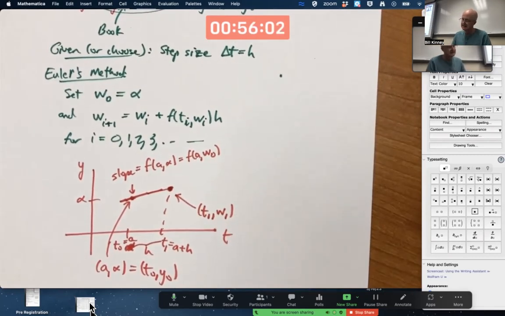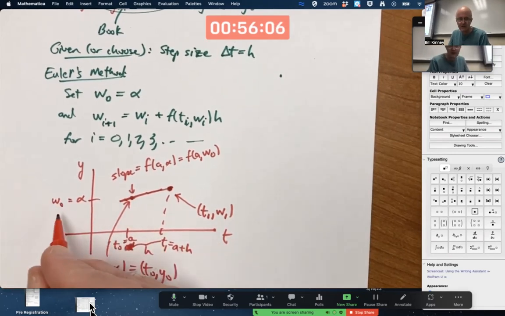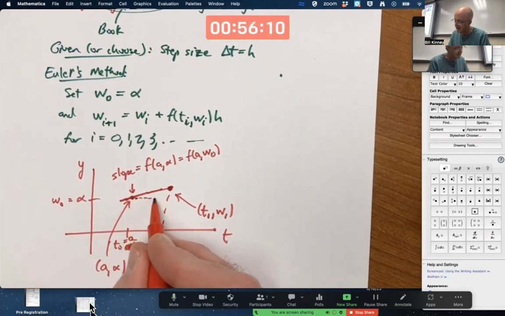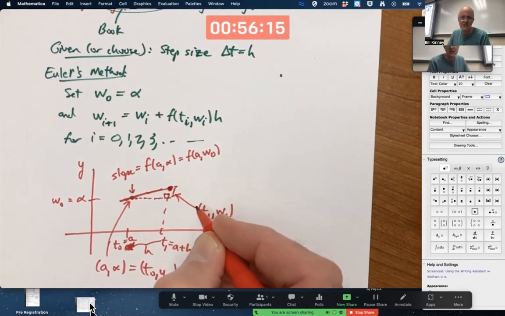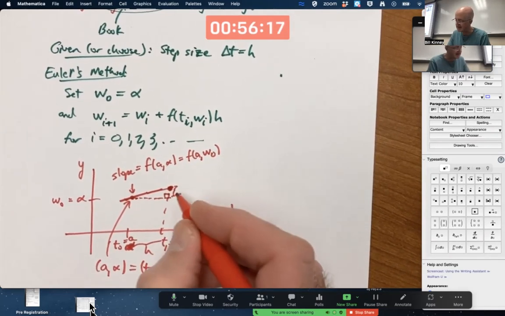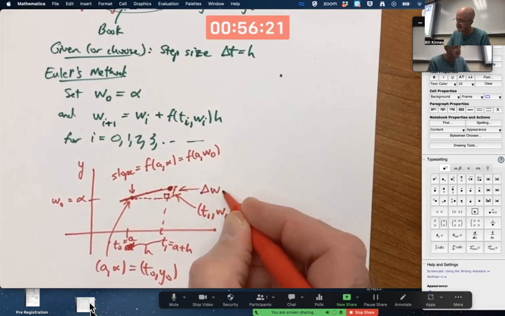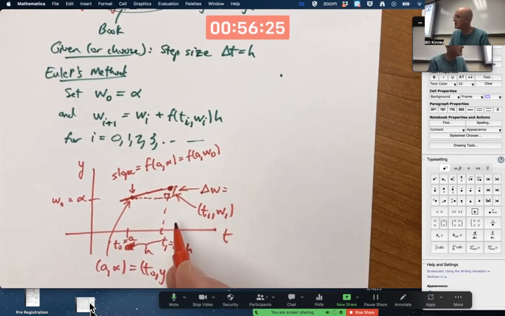Why? Because we took the old value of y, w naught, which is the same as alpha, and we added on a change in w along this line. Call this delta w if you like. And that change in w comes from thinking of the derivative as a rate of change.